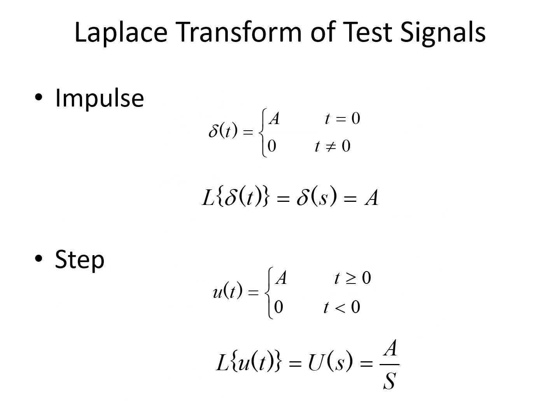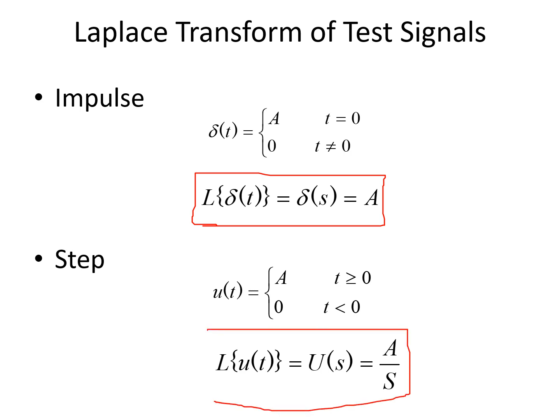Now coming to Laplace transform of these standard signals. Laplace transform of your impulse signal delta is taken as a, because it is just a constant a. So Laplace transform of a constant is always constant. Laplace transform of your unit step signal is taken as a by s.